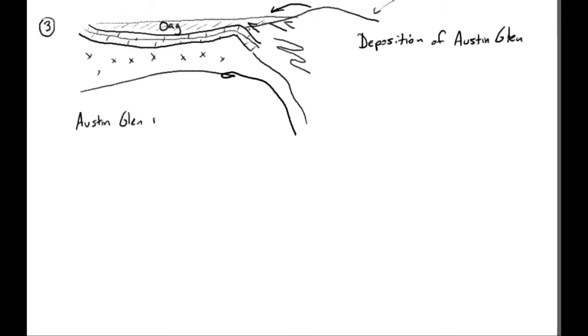Austin Glen is a rock called a flysch. So a flysch is typically dark colored, typically fine-grained, thinly bedded.